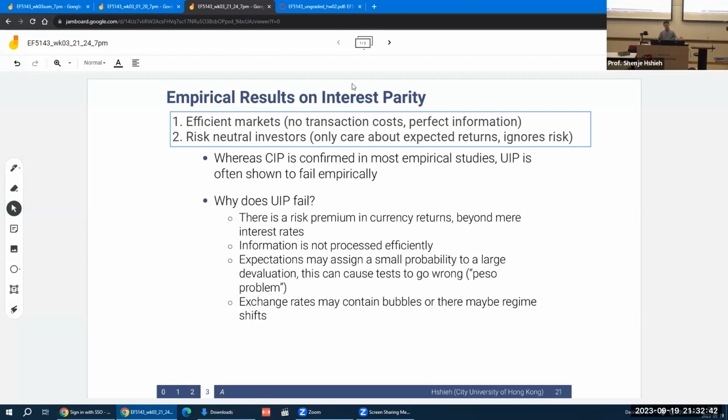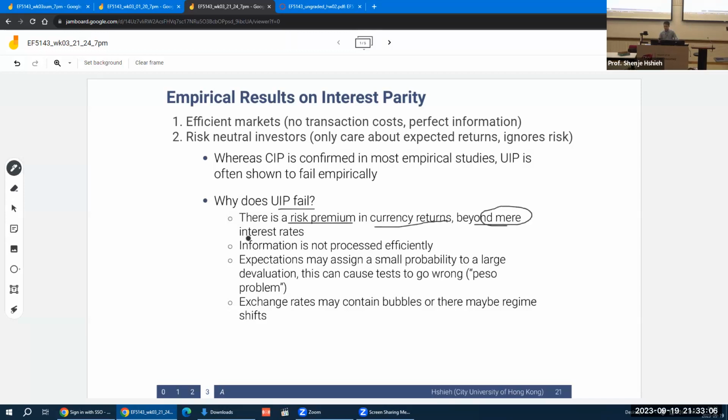that maybe only certain country pairs make sense. If you think about the US and UK, it's probably true. But if we compare the US to Brazil, definitely not. Brazil, Argentina, all those South American countries that default on their bonds all the time, you have to have some sort of compensation for those risks. That's where UIP fails. There's a risk premium in the currency returns beyond mere interest rates.